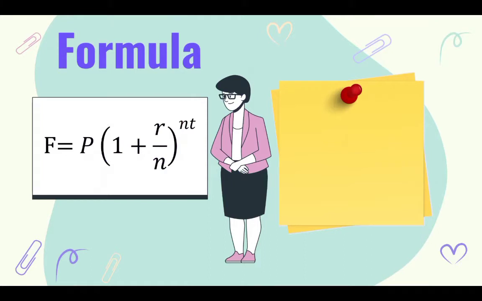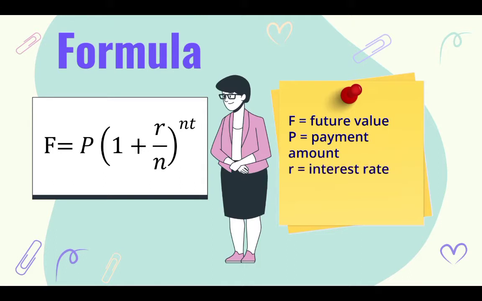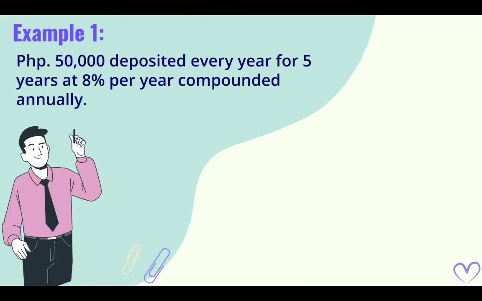So this is the formula to solve for the future value of the simple annuity. F equals P times 1 plus R over N raised to N times T, where F is the future value, P is the payment amount or the regular amount, R is the interest rate, N is the number of payments, and T is the time.